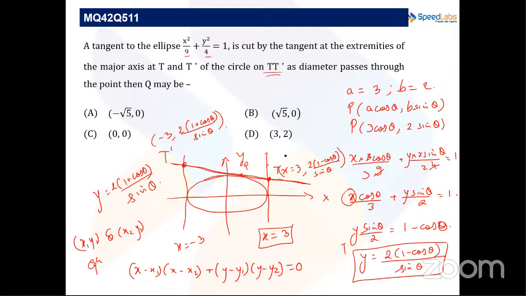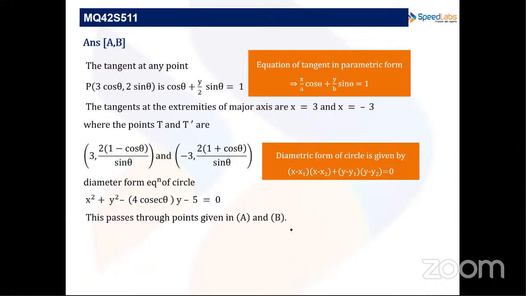Here we have x1, y1, x2, y2. So if you put these points and find the equation of the circle, then you will get x square plus y square minus 4 cosec theta into y minus 5 equals 0.